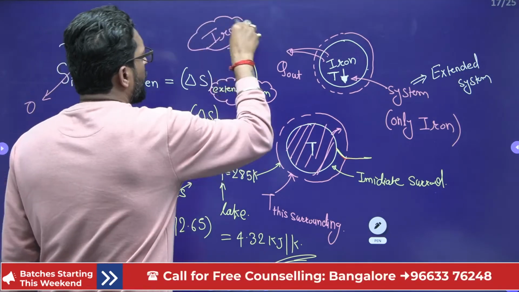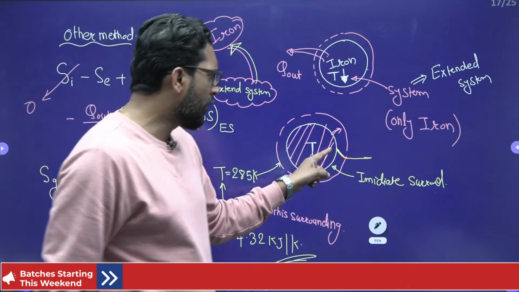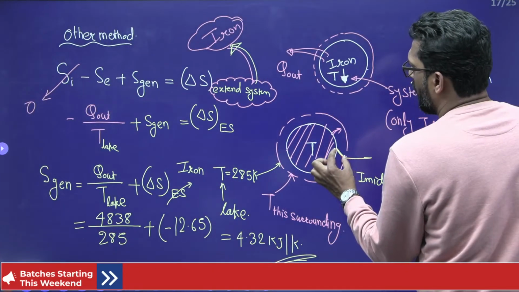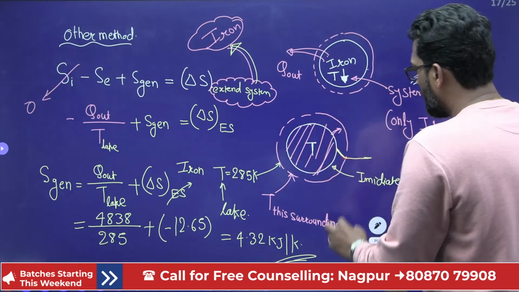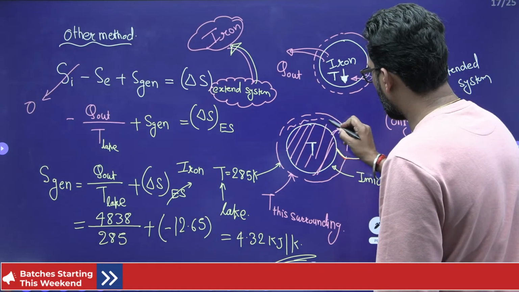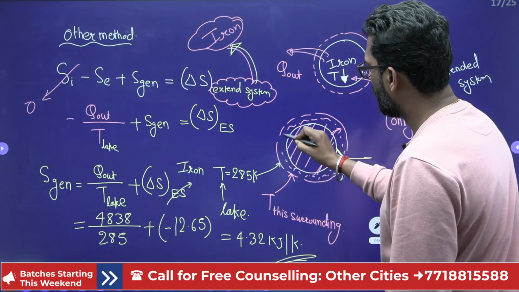We take the system as iron, but a little bit farther, because this is very near. It is not a surrounding, it is an immediate surrounding.